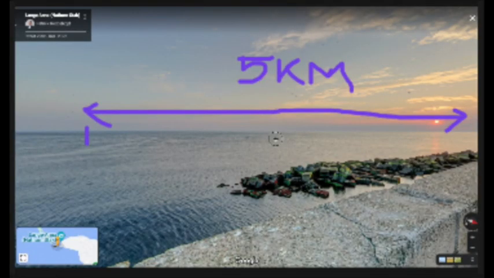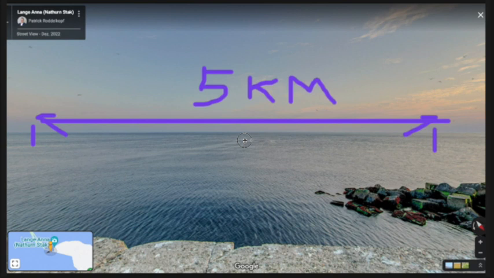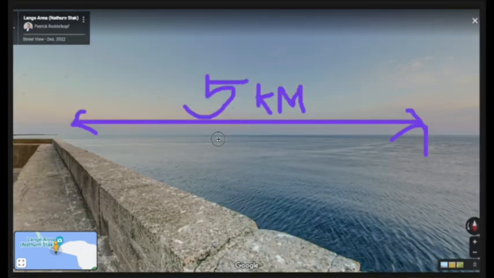So each 5 kilometers, if again you go from right to left to right, 180 degrees, it's just completely flat. After 5 kilometers, there is no curvature visible. And again, another 5 kilometers, no curvature visible.